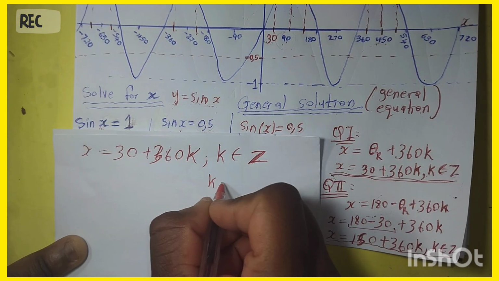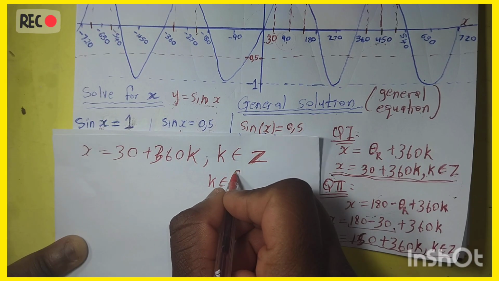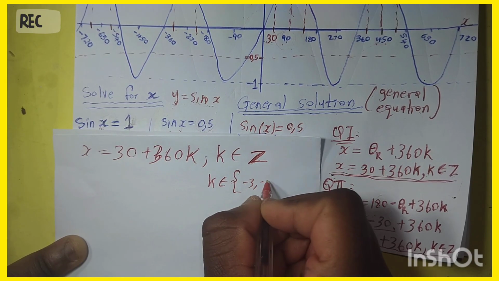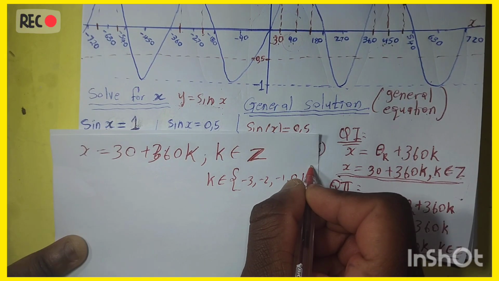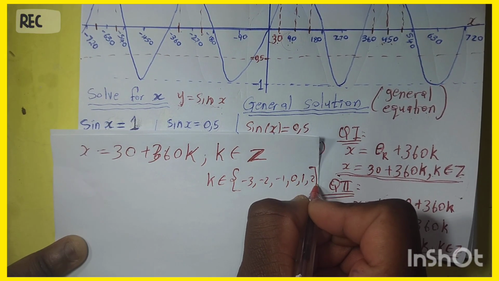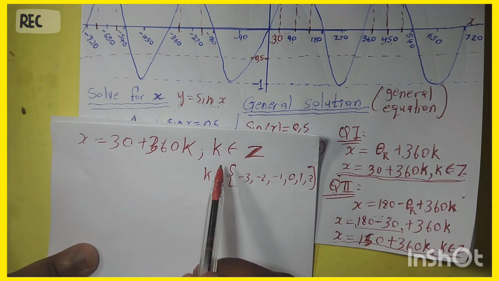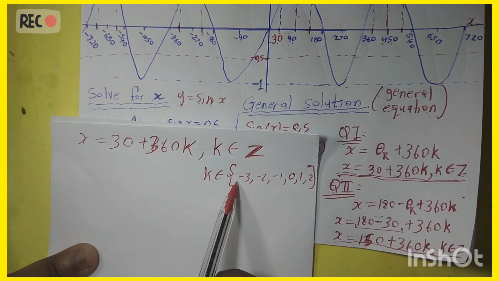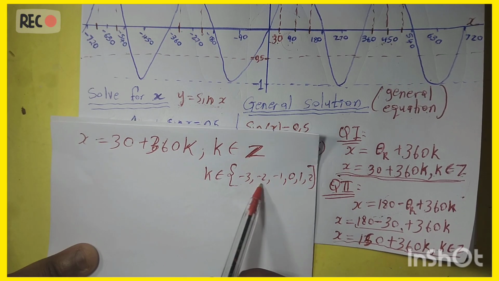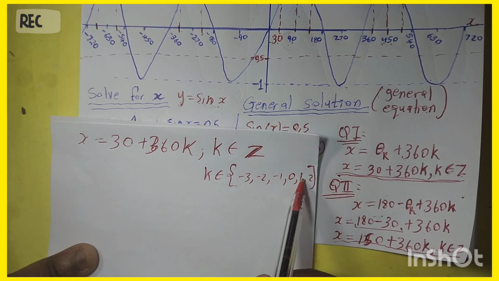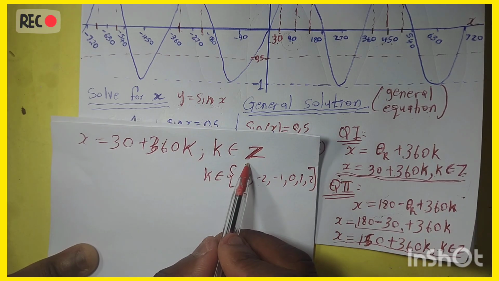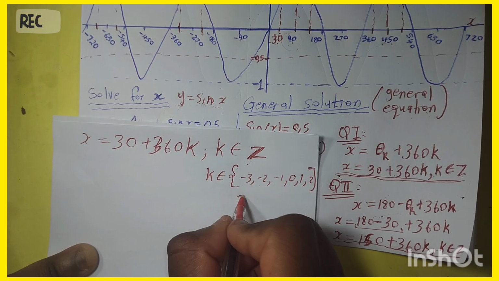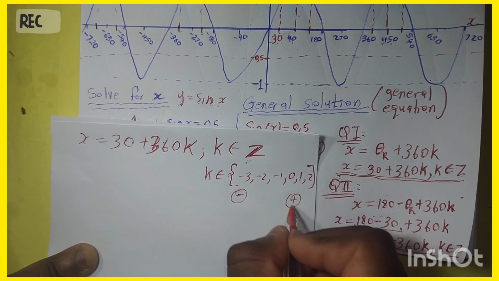It means that k can be negative 3, minus 2, minus 1, 0, or 1, or 2, or 3, or whatever. Because integers, guys, start from negative until positive.